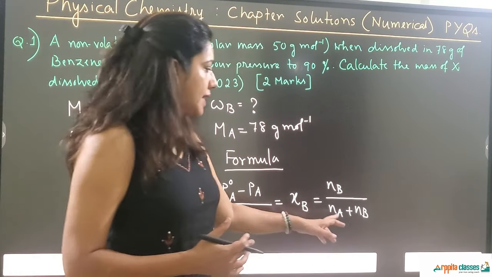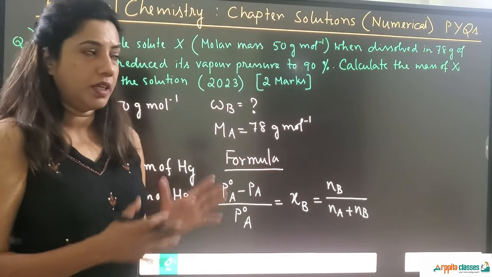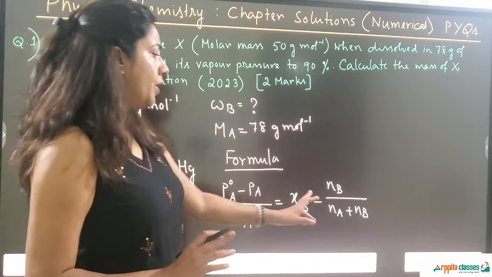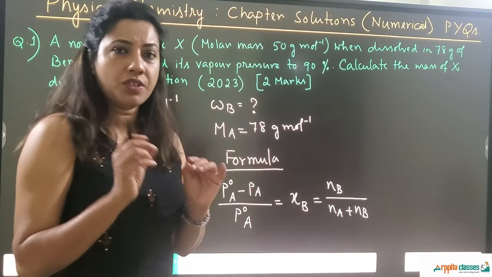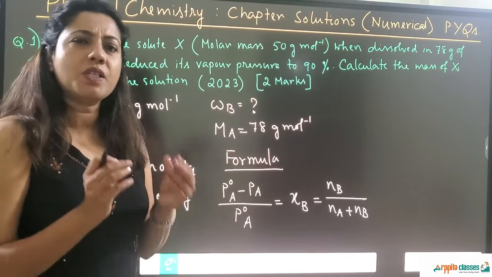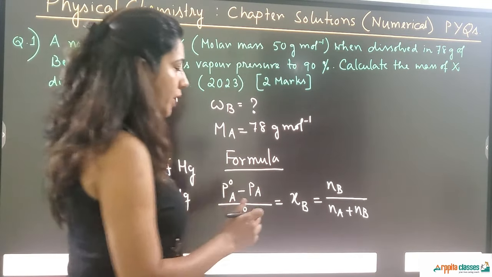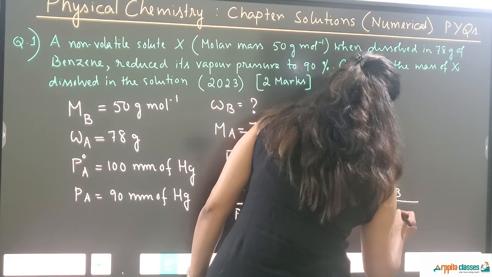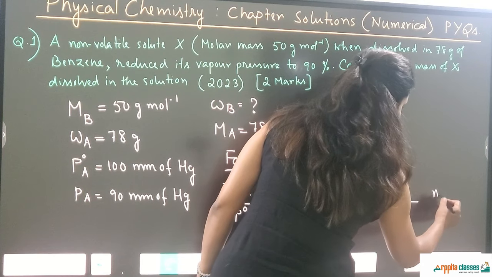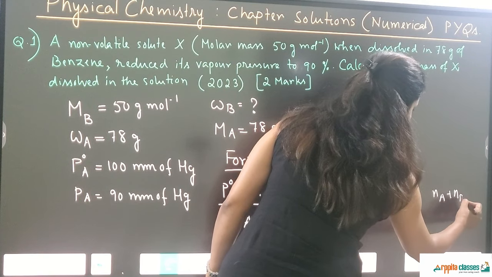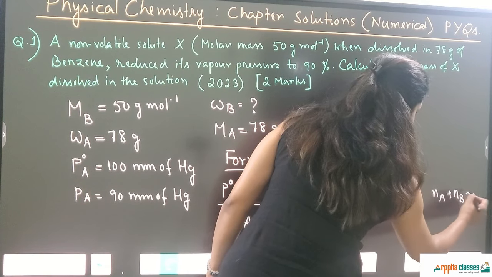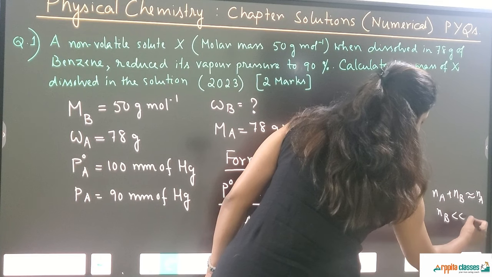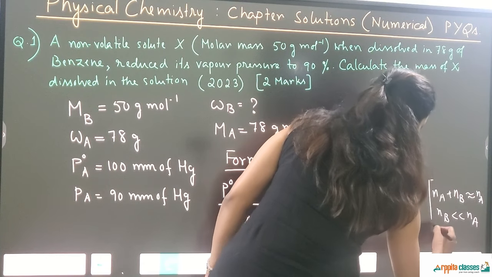Here all the questions will be of dilute solutions. Therefore, from NA plus NB, we can just write NA, because NB is very small and we can neglect it. So this will be equal to NB divided by only NA, because NA plus NB is approximately NA, as NB is very small compared to NA.